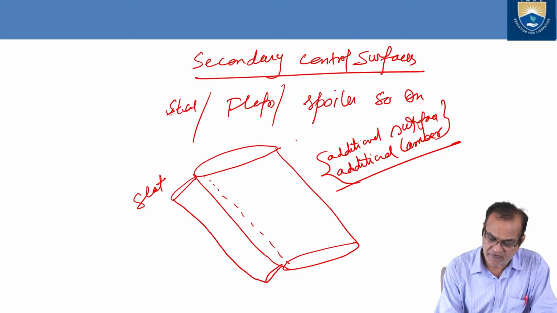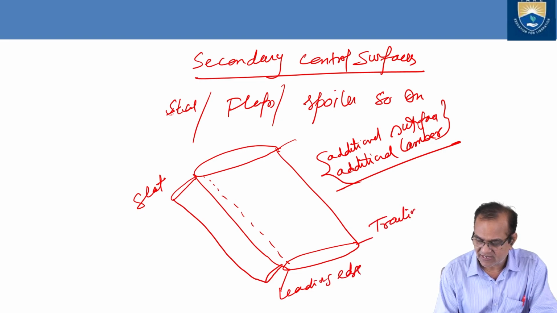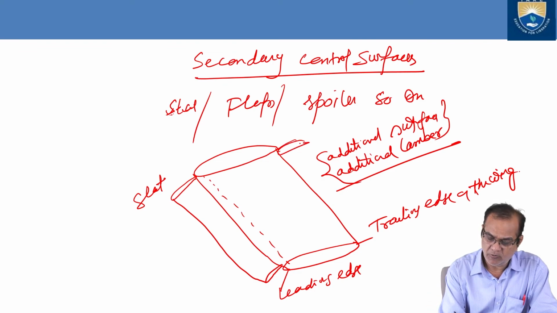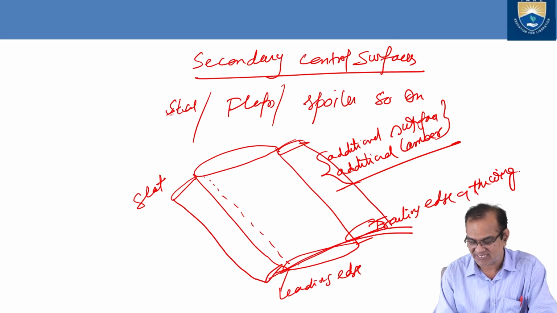Now flaps are fitted at the trailing edge of the wing. This is the leading edge of the wing and this is the trailing edge of the wing. So you can put this out, extended. So here also the surface area is increased and the camber is also increased.